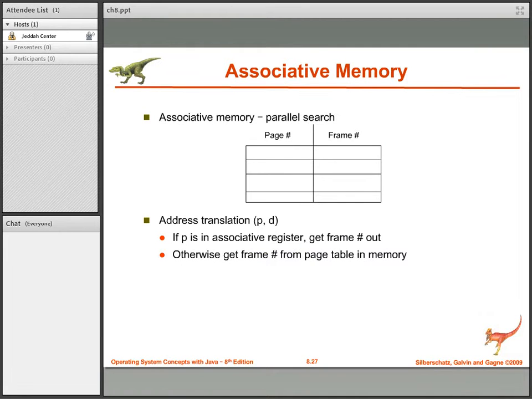The associative memory that we talked about in the previous slide is depicted in this slide. You have a column for the page number and a corresponding one for the frame number.